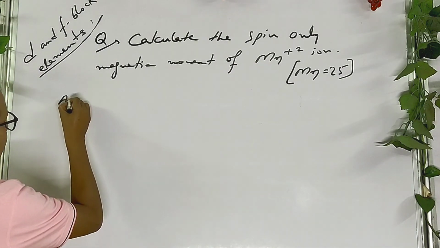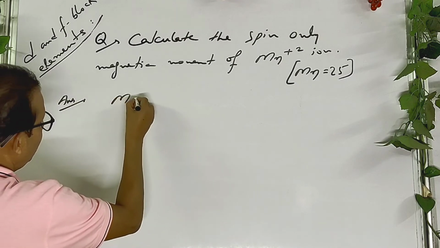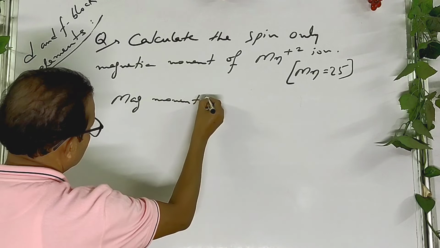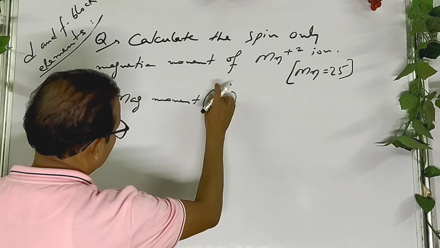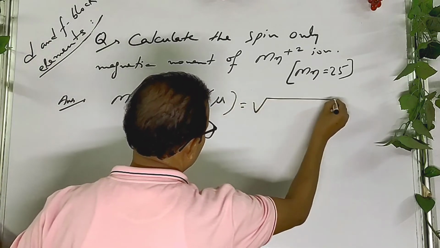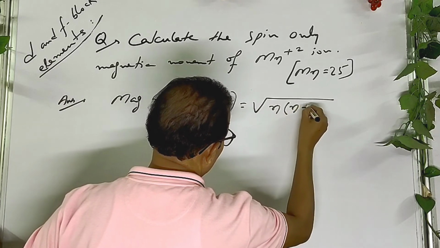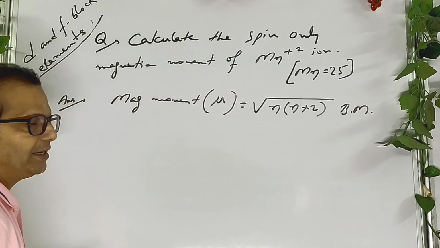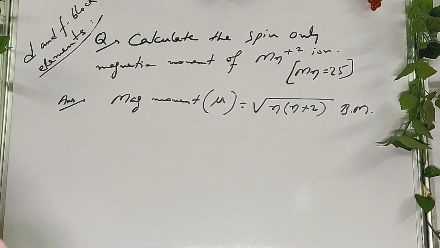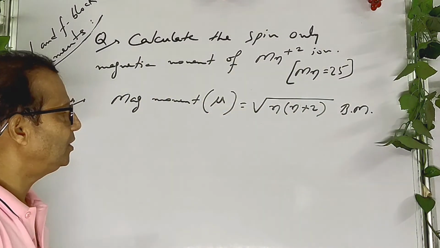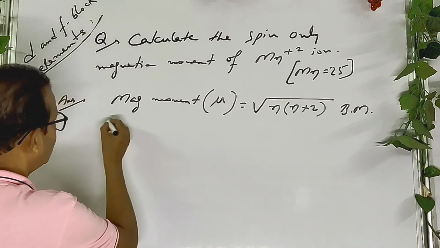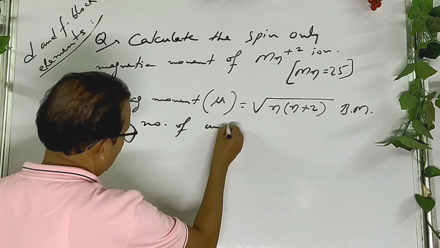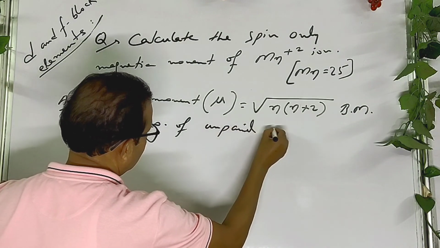So the answer, you know that magnetic moment, that is denoted by mu, equals root over n into n plus 2 BM. BM is the unit of magnetic moment called Bohr magneton, and n is the number of unpaired electrons.